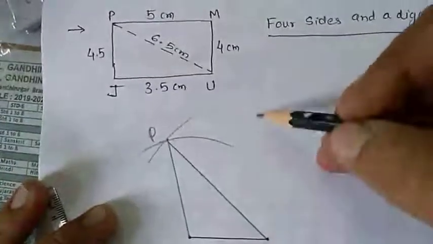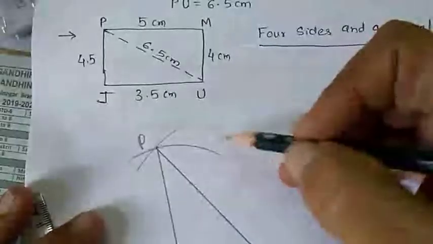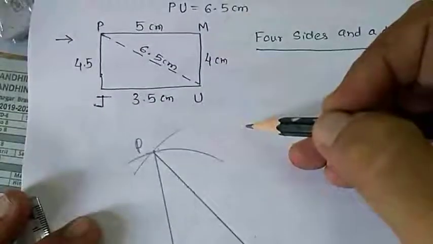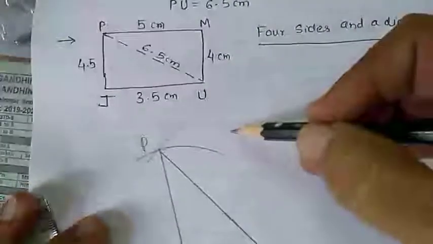Now we will take U to M and P to M. So that will be easy for us, U to M and P to M. We don't know where it is exactly here.